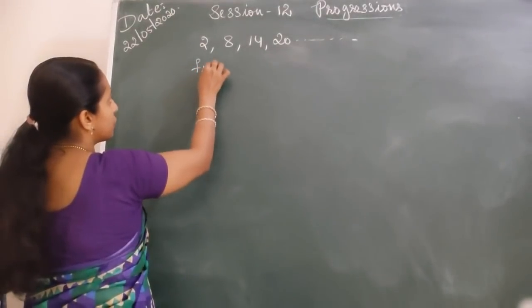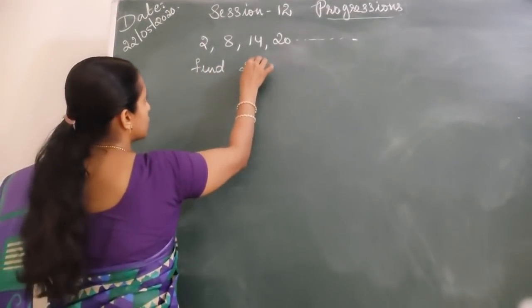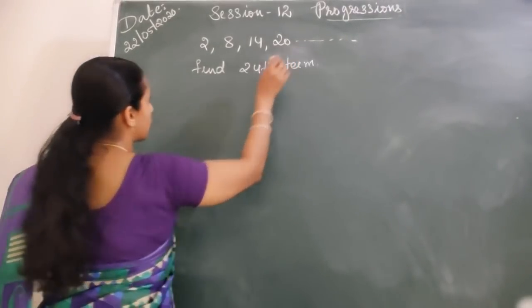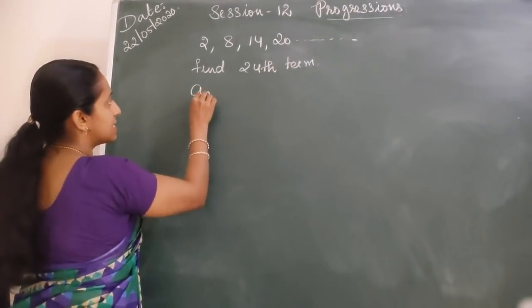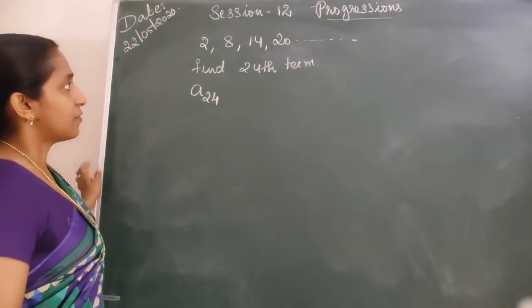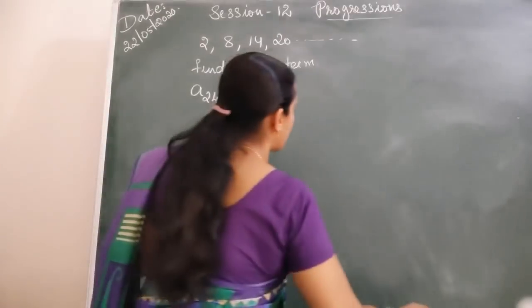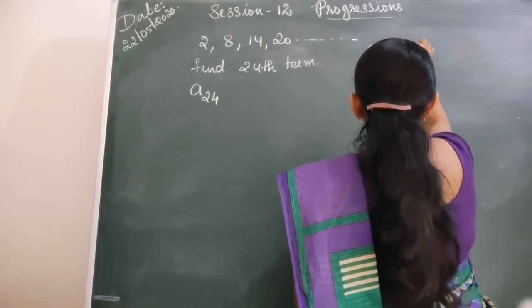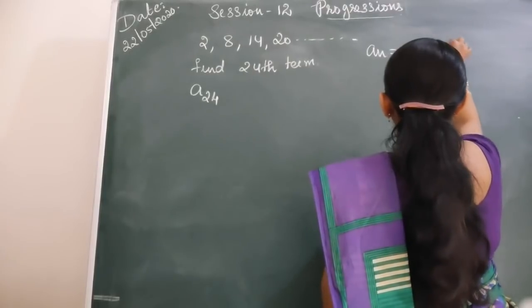Find the 24th term. How can you calculate it? You will write a24, which indicates the 24th term. And what is our formula? a n equal to a plus n minus 1 into d.